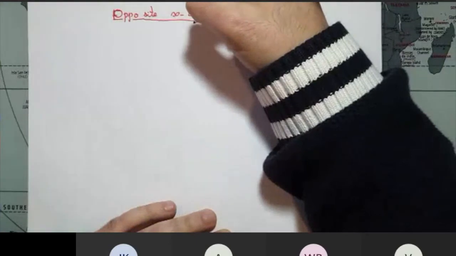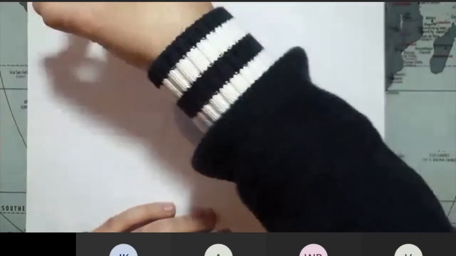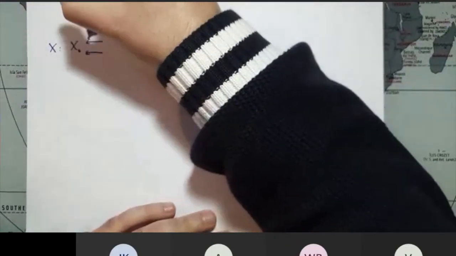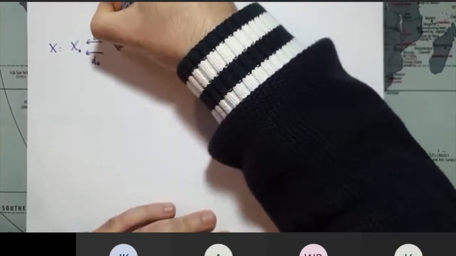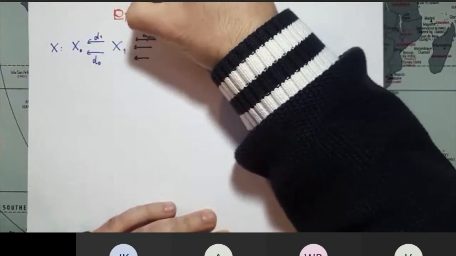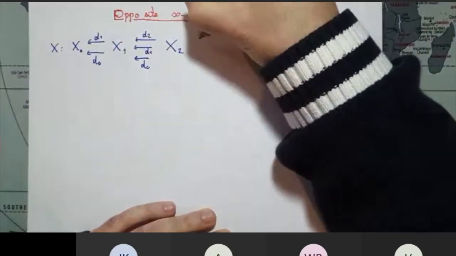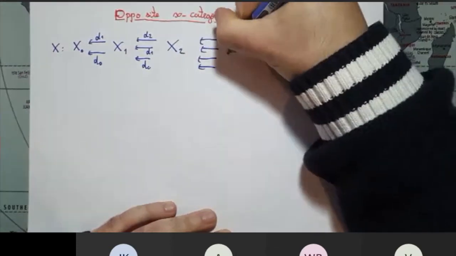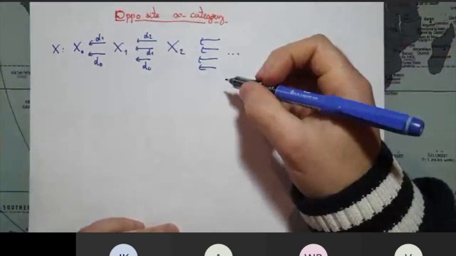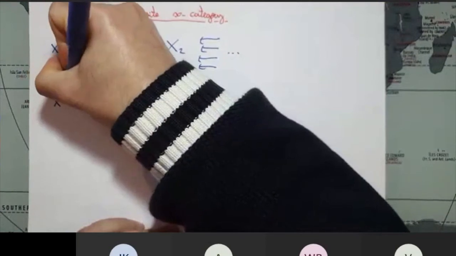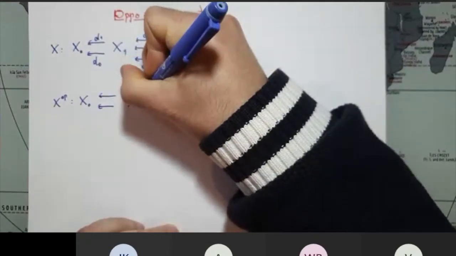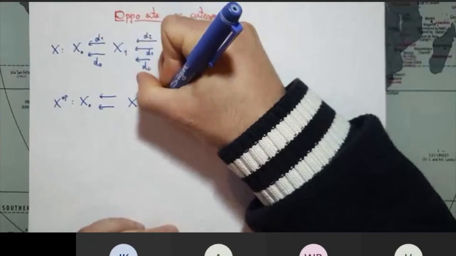So the opposite of a simplicial set: if we have a simplicial set X, then the opposite is just the simplicial set with the following face maps.